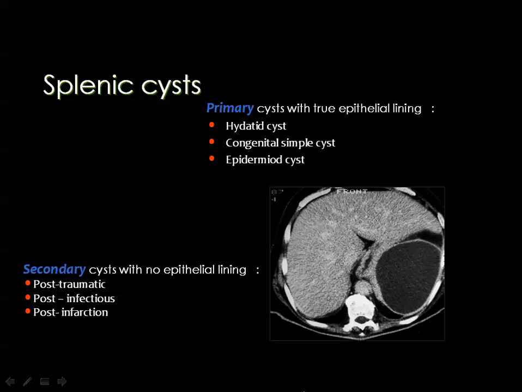Then we came to the issue of the splenic cysts, and in the spleen we have primary cysts with true epithelial lining, including the congenital simple cyst like that of the liver, the hydatid cyst, and the epidermoid cyst.